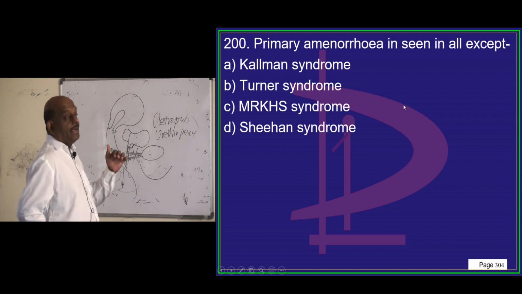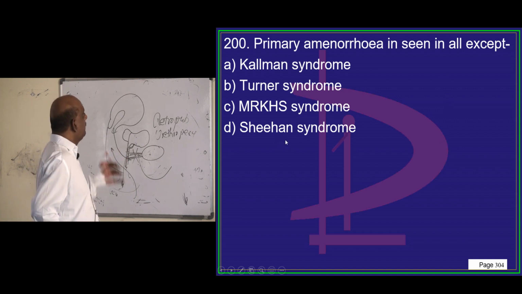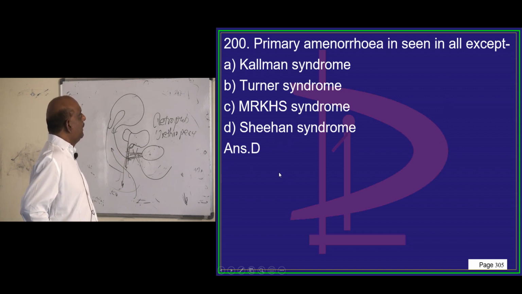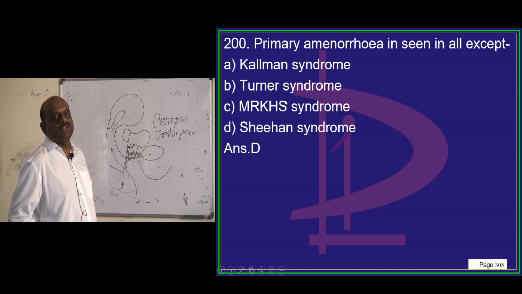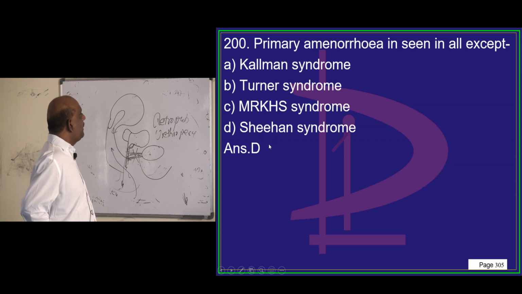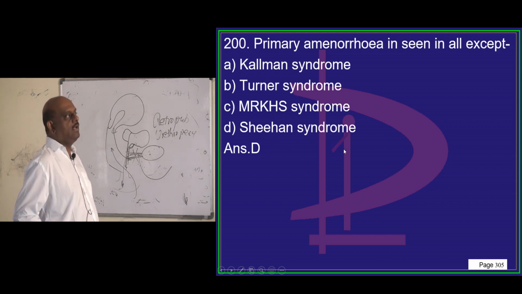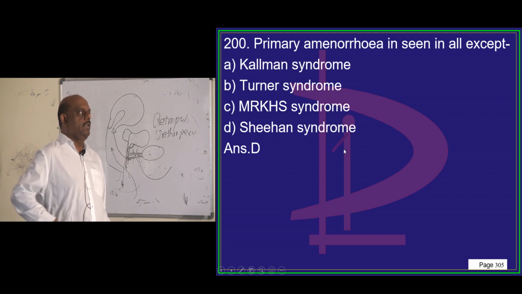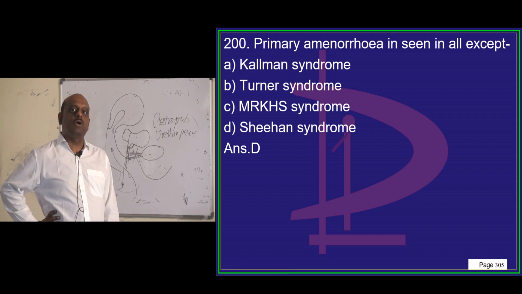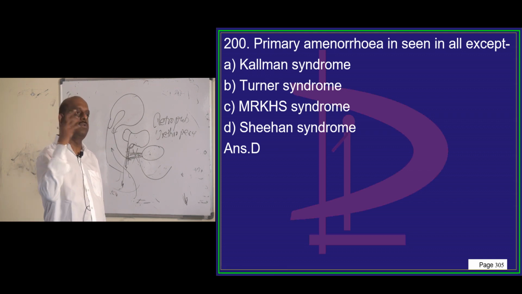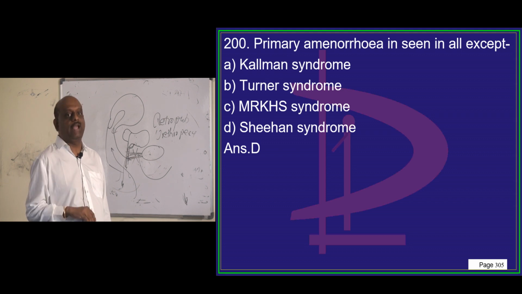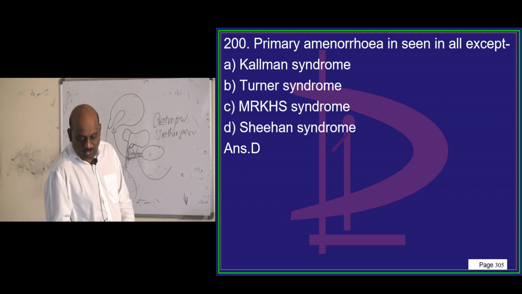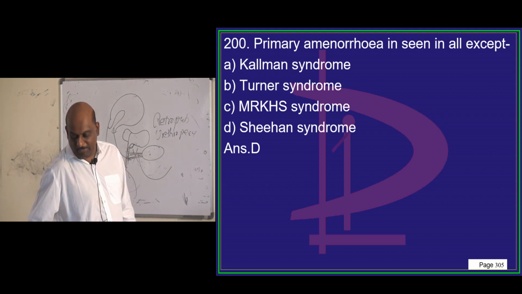So primary amenorrhea, where do you see, doctor? Kallmann, Turner, Rokitansky-Kuster-Hauser, but not in Sheehan. In Sheehan there is regular menses, everything, but because of the delivery there is a pituitary necrosis and that leads to secondary amenorrhea. Not a primary amenorrhea is what you should remember.